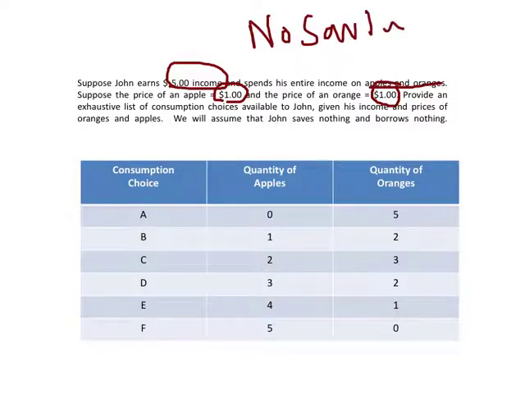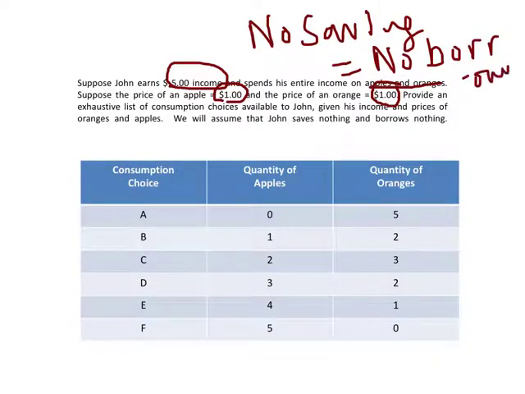So no savings equals no borrowing. That's what we assume. So income of this person is $5 and he spends his entire income on apples and oranges, and the price of an apple is $1, which equals the price of an orange, which is again $1.